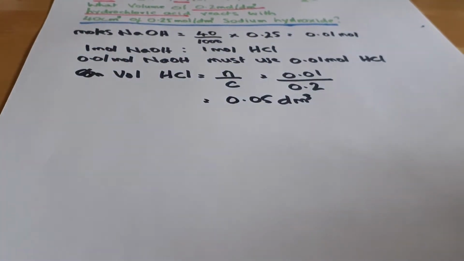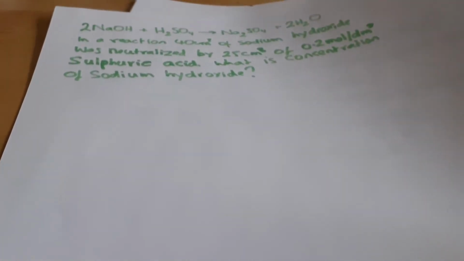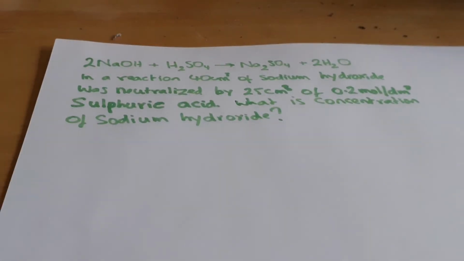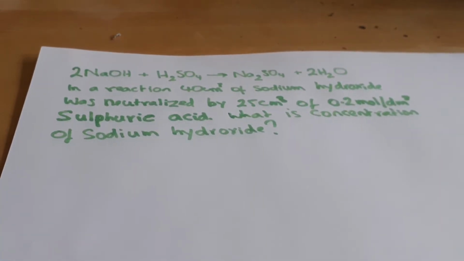Moving on up with a second example. The difference with the second example is that I've made the equation slightly harder. So what we've got this time, the equation is 2NaOH plus H2SO4 goes to Na2SO4 plus 2H2O.